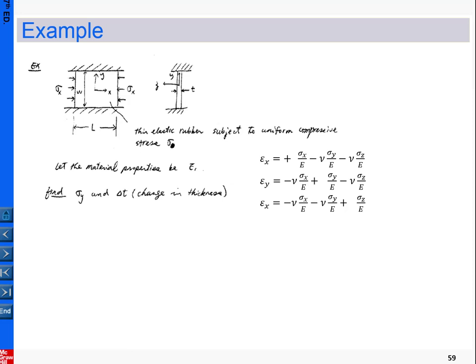So we try to translate this given information into Hooke's law here, because those are 3 equations. At most, we are able to solve for 3 unknowns.